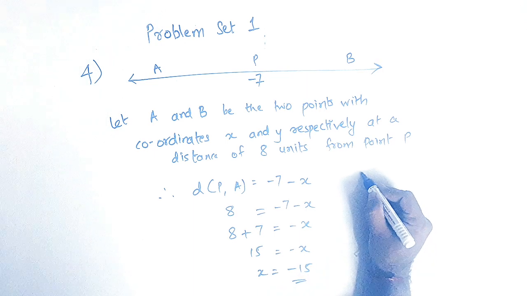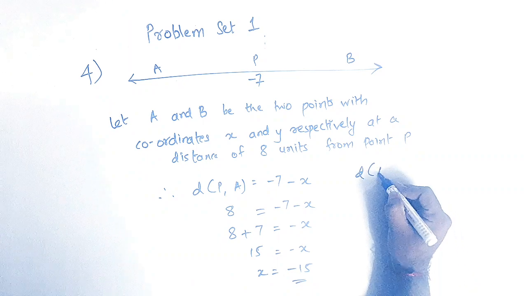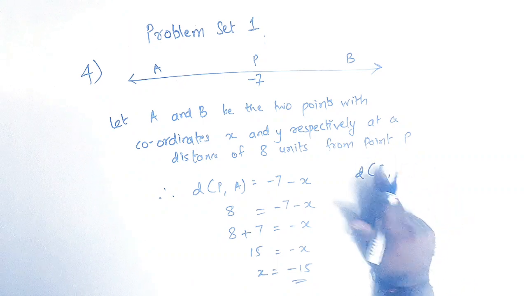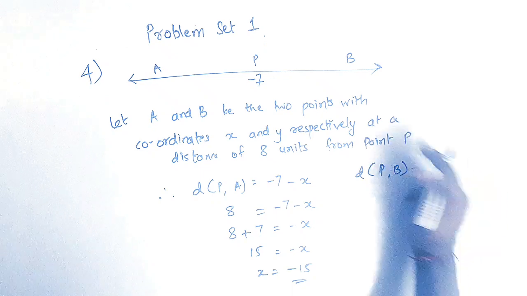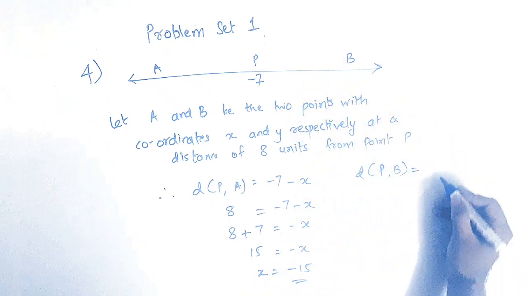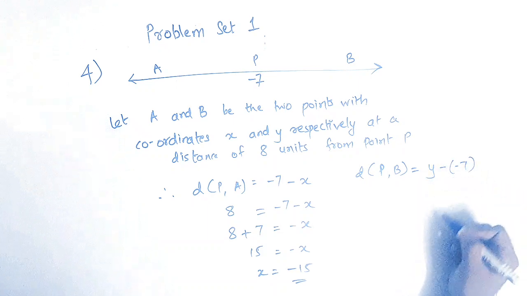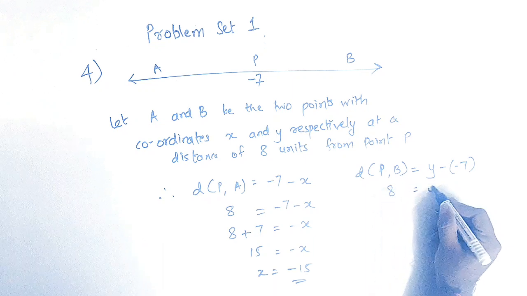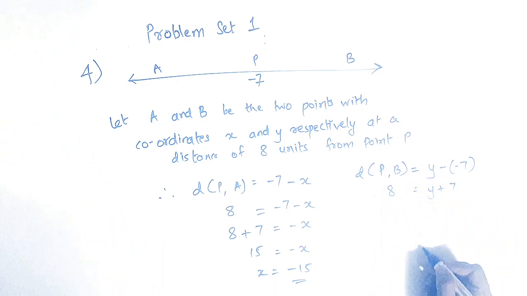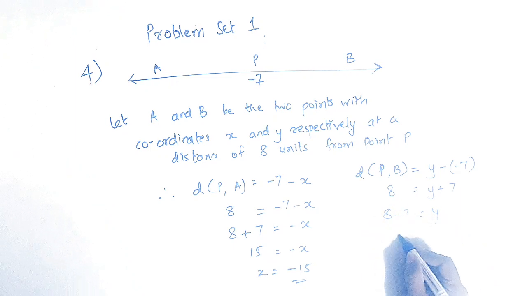Let us see point B, distance PB is equal to, here this is to the right, so y is greater, y minus -7. Okay, so it becomes 8, y plus 7, y equals to 8 minus 7, so y equals to 1.